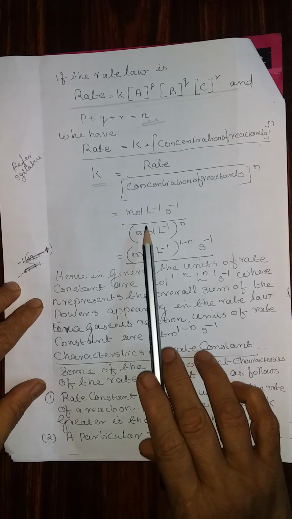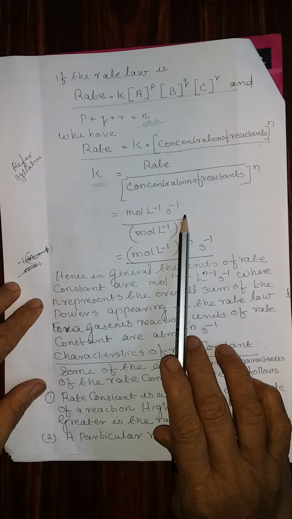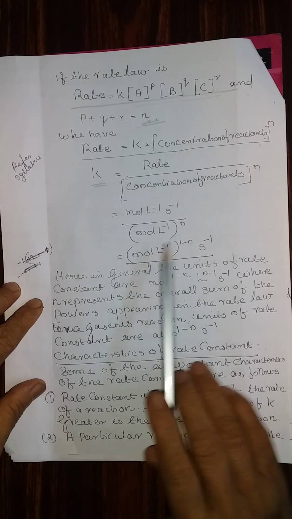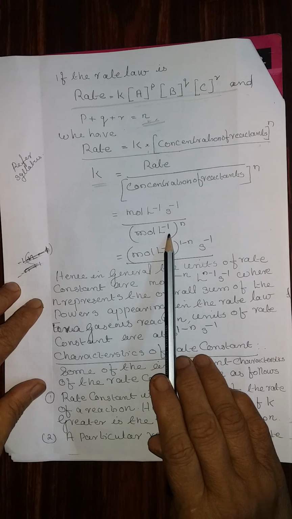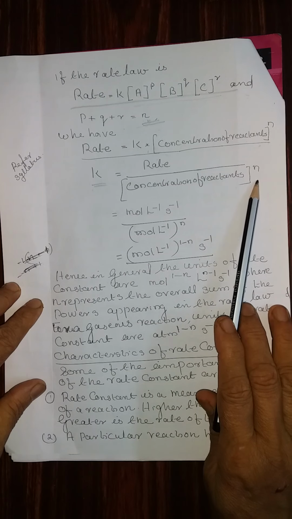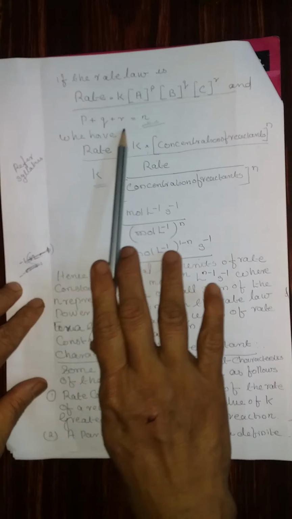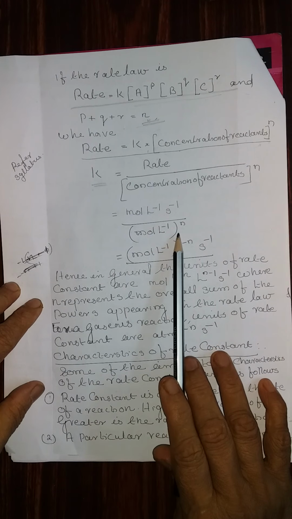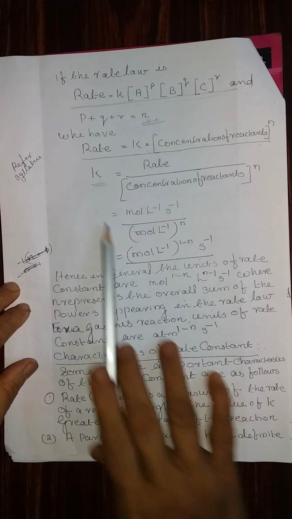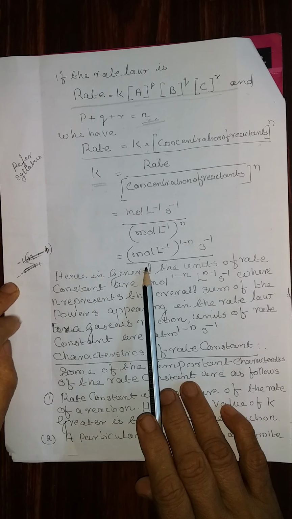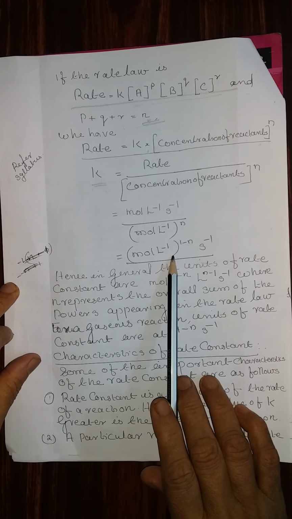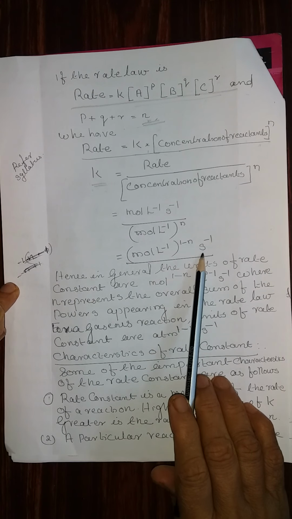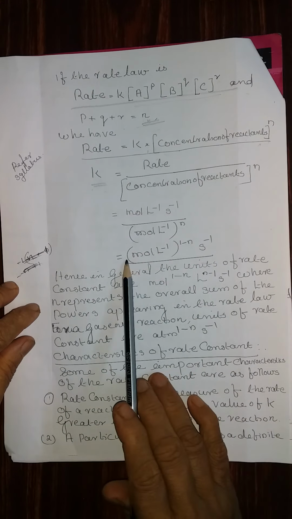Rate is always expressed in moles per liter per second. Concentration of the reactants is always expressed as moles per liter. Now, since p + q + r is equal to n, moles per liter is raised to the power n. Therefore, the rate constant k has the unit of (moles per liter)^(1 minus n) per second.